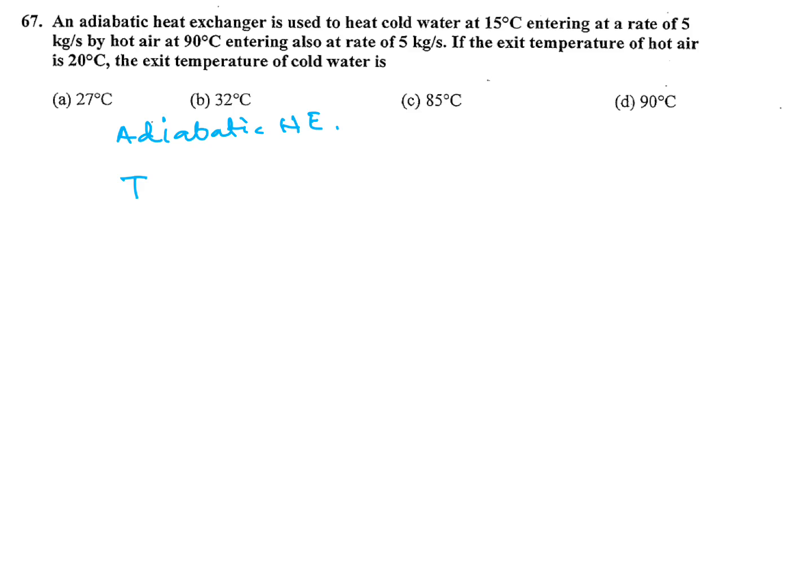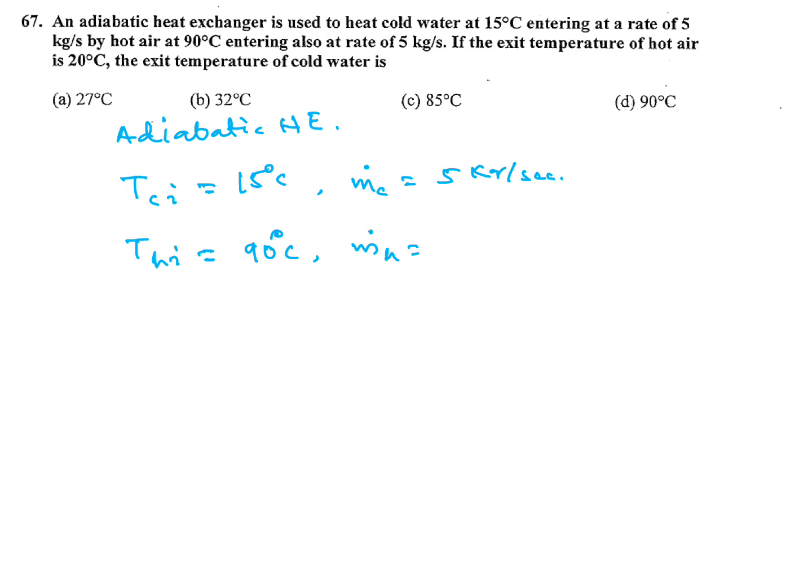For cold fluid, inlet temperature is 15 degrees Celsius. For cold fluid, mass flow rate is 5 kg per second. For hot air, inlet temperature of hot fluid is 90 degrees Celsius.